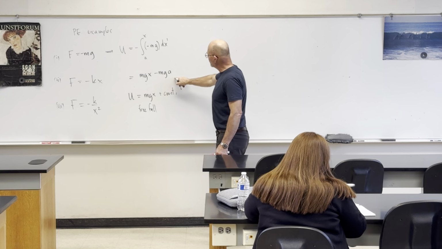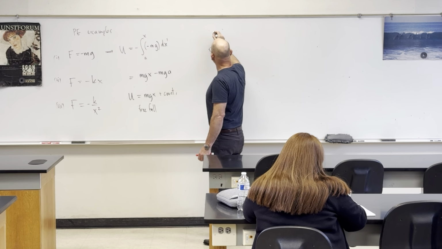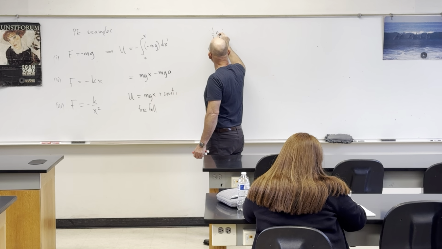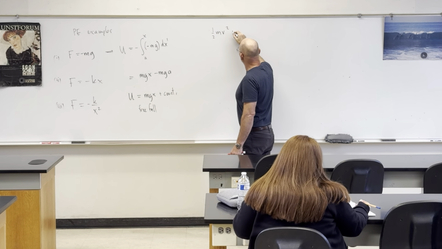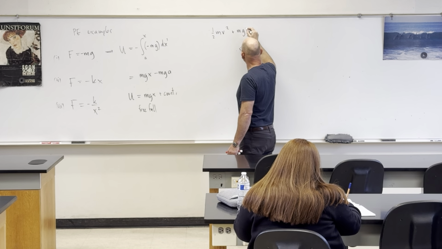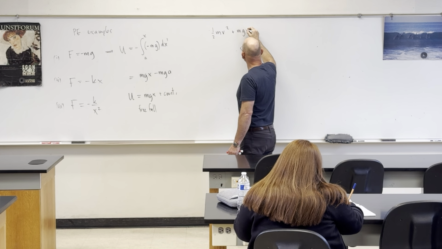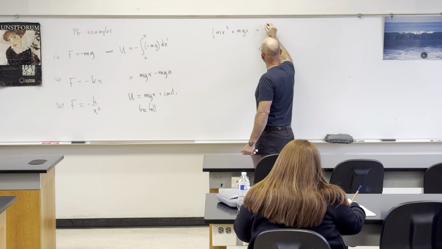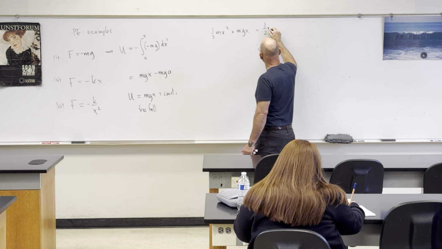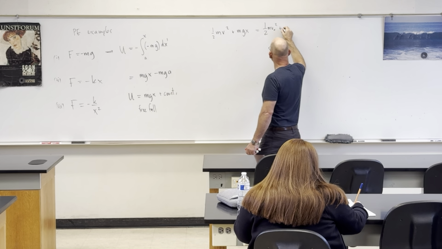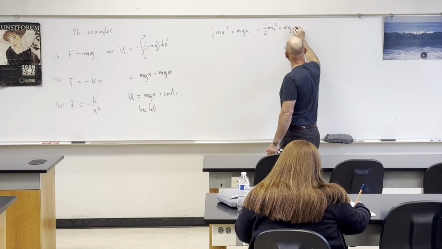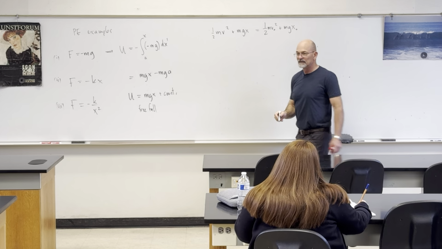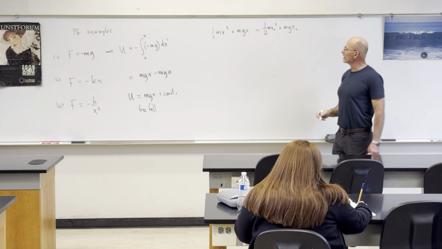So when we have this right here, we have 1/2 mv squared plus mgx equal to a constant. We could say it's 1/2 mv naught squared plus mg, well, we used a, so we'll use x naught. That's what our a is in this case.